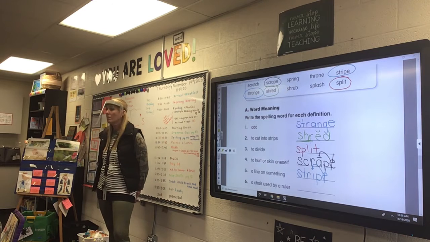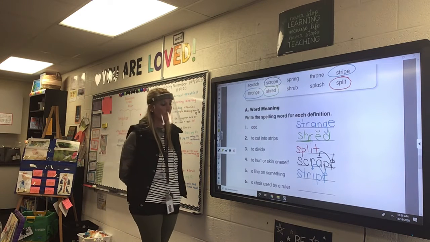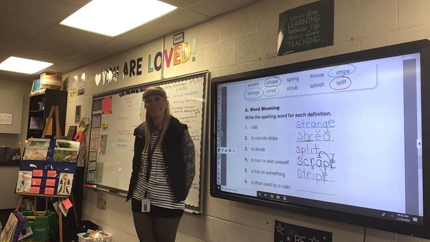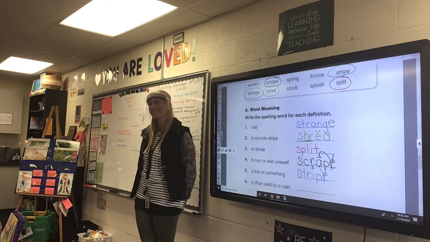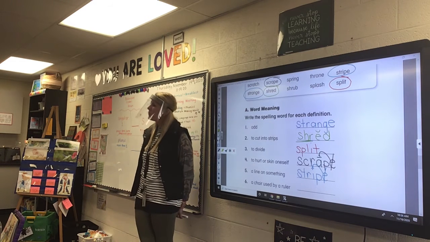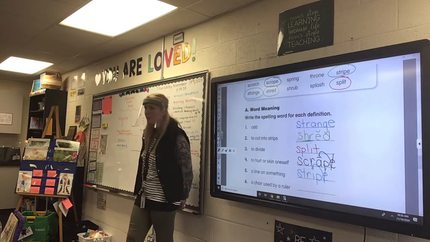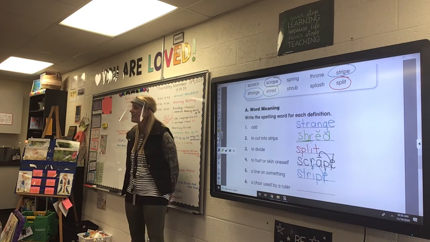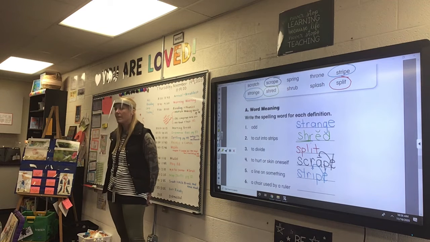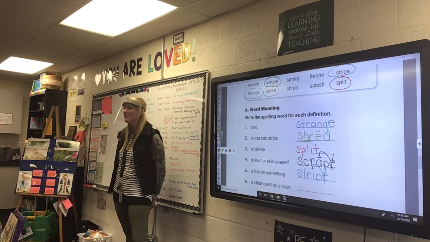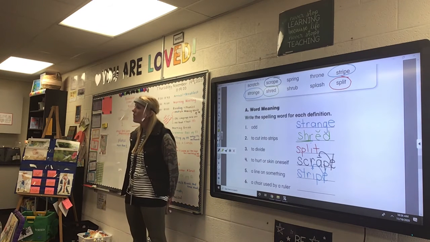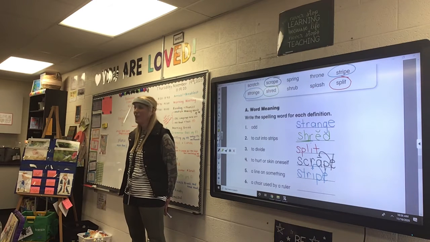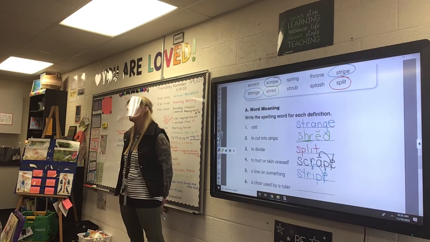Not the ruler in your desk. What do you think? Throne. Yeah. Now, what kind of ruler would sit on a throne? You don't know? This is tricky. Lea, what do you think?